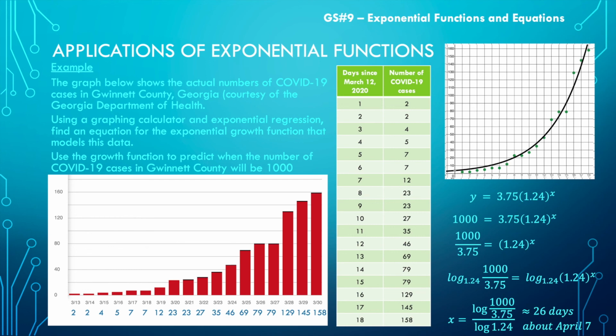So it will be interesting when April 7th comes around if we're right on or if we've been able to flatten the curve. Okay, so this is why we want to flatten the curve, right? Because if we flatten this curve out, that means the growth is going to slow down. And that's the whole idea behind this social distancing and quarantine.